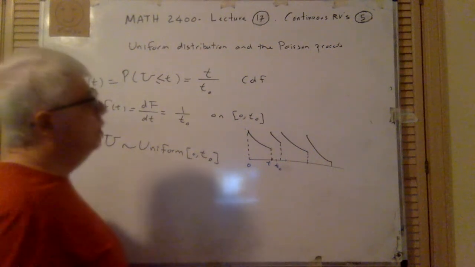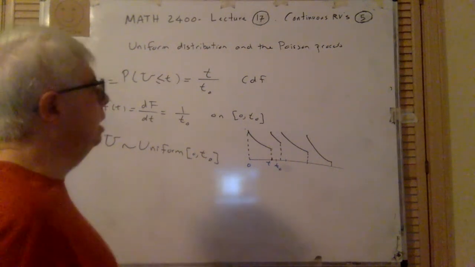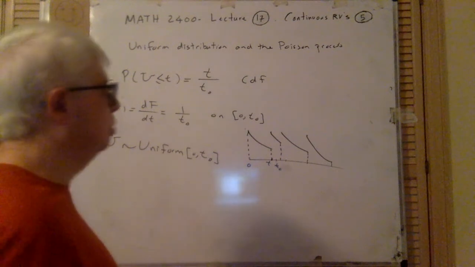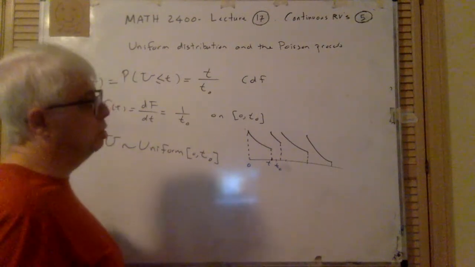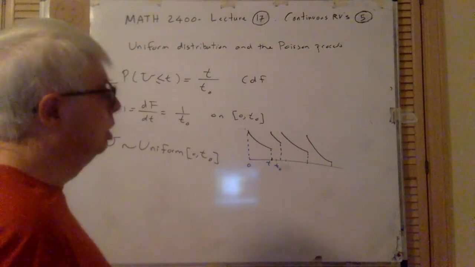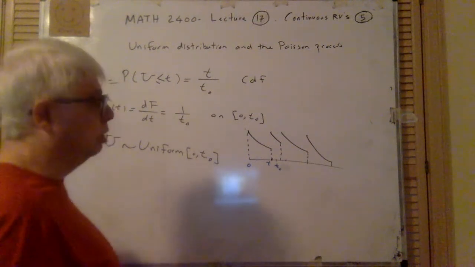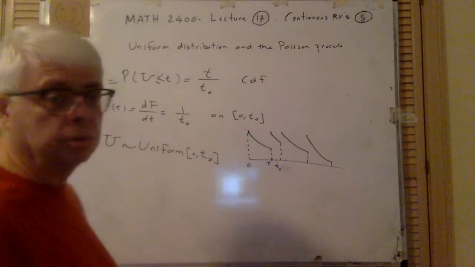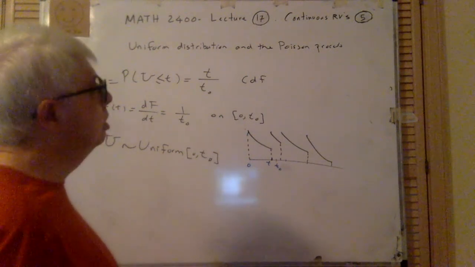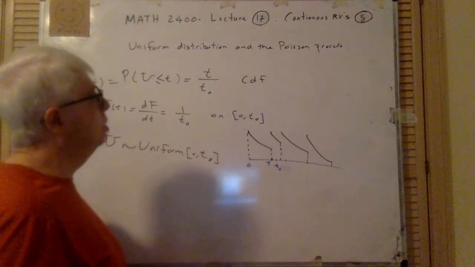So we have related so many things to this Poisson process: the Poisson distribution itself, the exponential distribution modeling the inter-arrival time, and the uniform distribution modeling the time of arrival. You can see how all these things are related to each other.